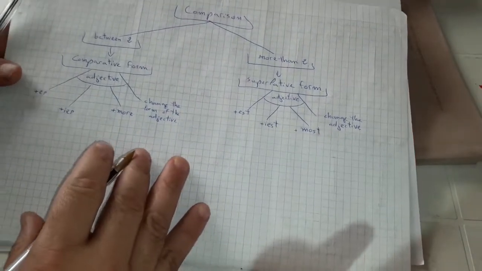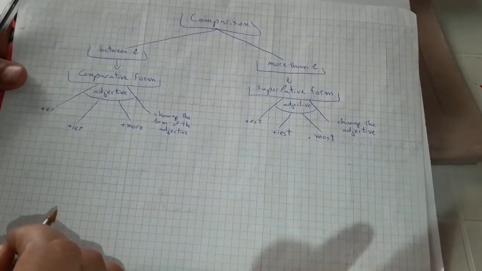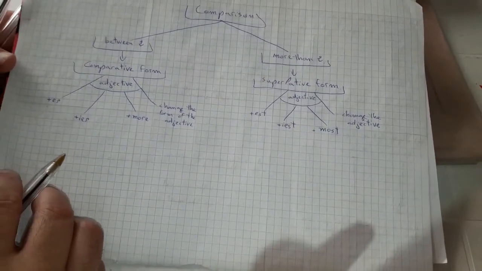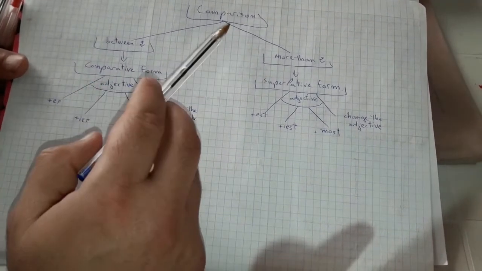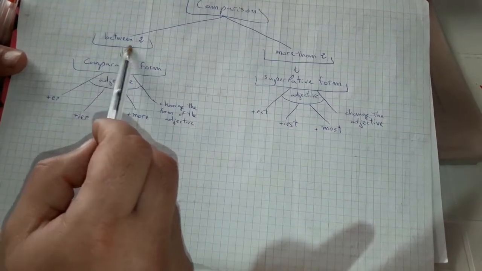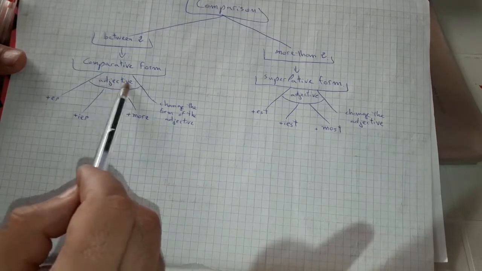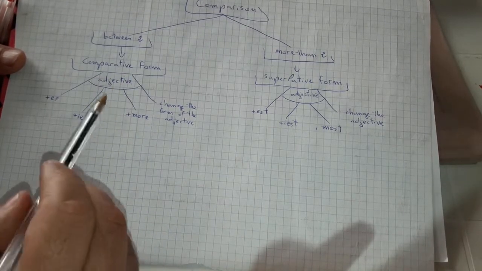Okay, so this is the general conclusion to this lesson. To make a comparison between two, it is called the comparative form, and there are changes that I have to abide by.